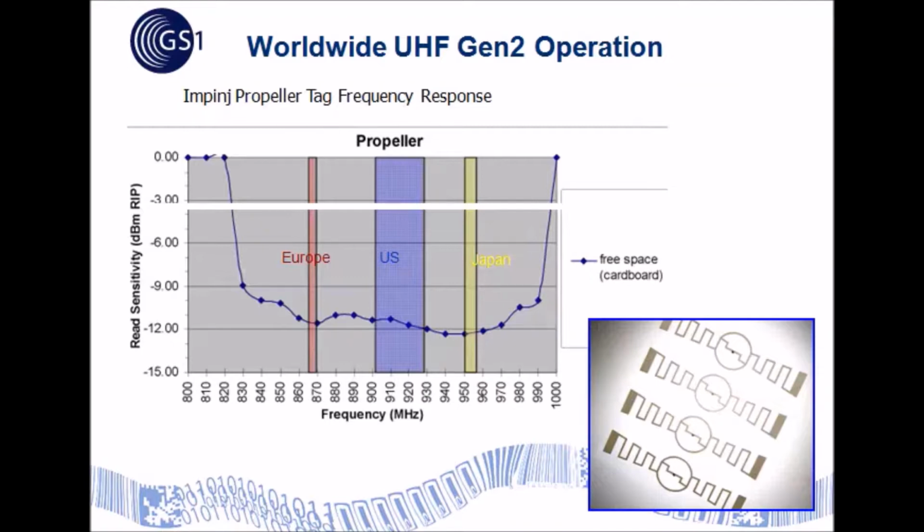Hence, EPC Global defined the 860 to 960 megahertz spectrum for RFID tag UHF Gen 2 operation. And today, it is also the most popular RFID spectrum used worldwide.